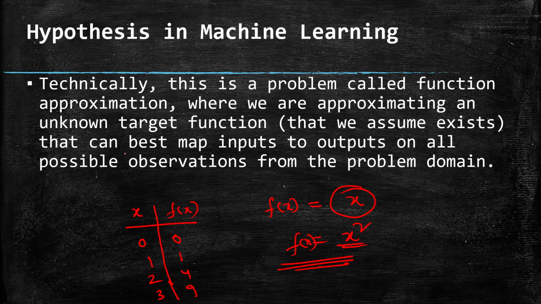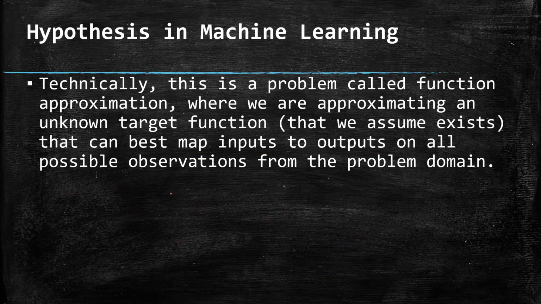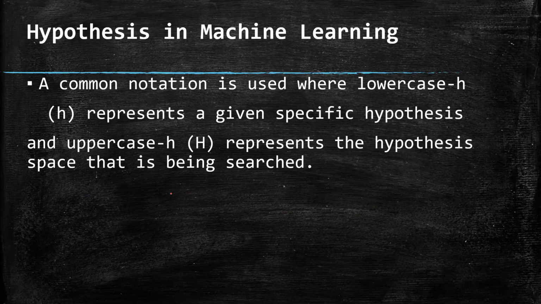How we can best map inputs to outputs in all possible observations. That means it should satisfy all the training examples. That is known as a hypothesis. So common notation: small h is a single hypothesis, capital H is a set of hypotheses or a space. We may have many hypotheses, H1, H2, H3.